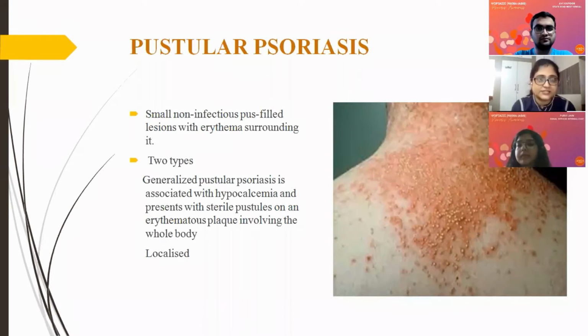Generalized means extensive lesions, and it is associated with hypocalcemia and presents with sterile pustules. So if you take the pus and do a culture, it will not reveal any infective agents. Sterile pustules appear on an erythematous plaque involving the whole body.